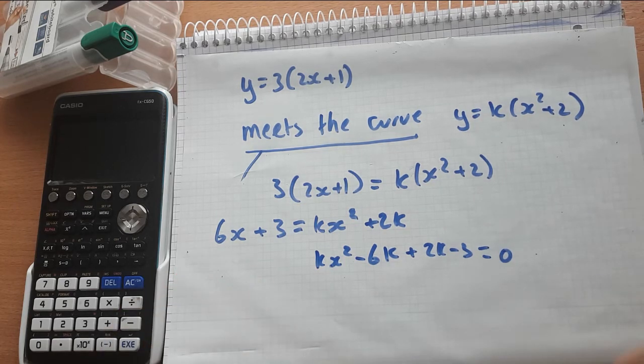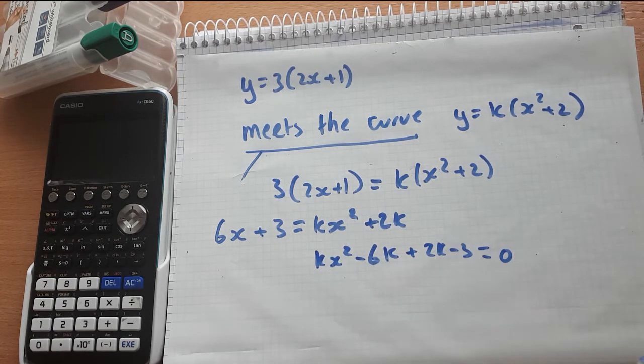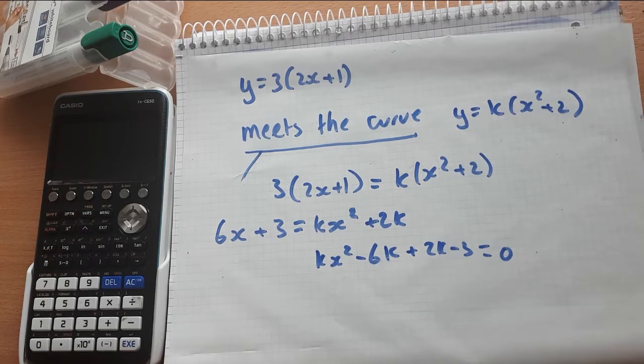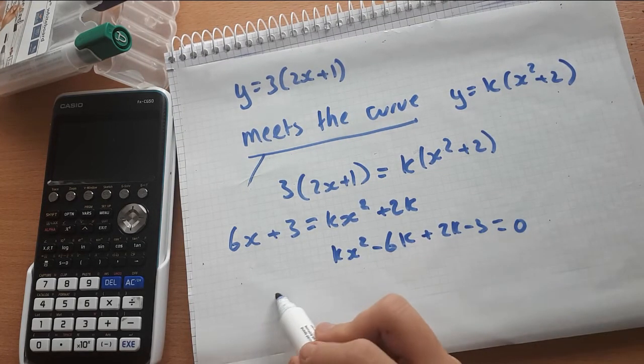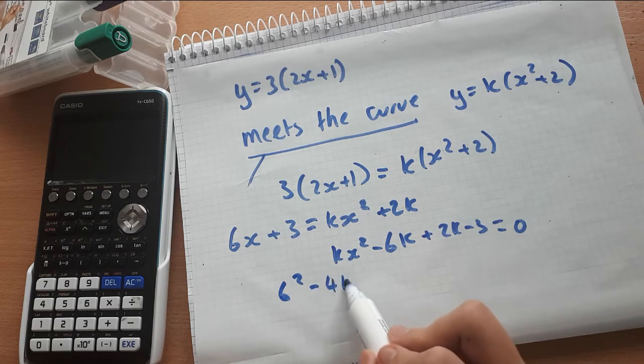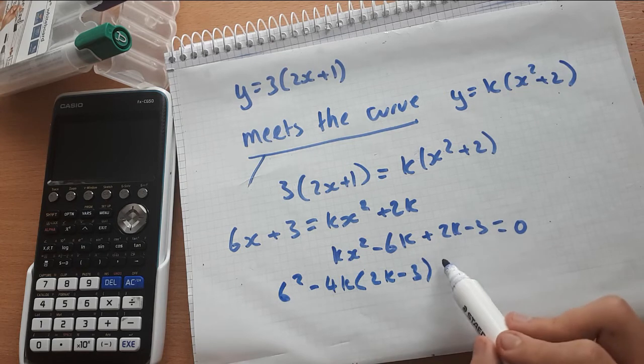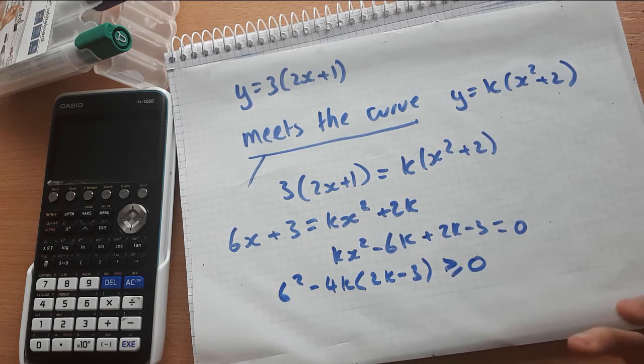Now we have our quadratic that we can now do the discriminant to, of course. What else are we going to do? So b squared minus 4ac is greater than or equal to 0. 6 squared minus 4k(2k minus 3) is greater than or equal to 0.